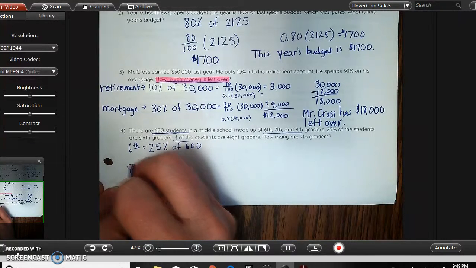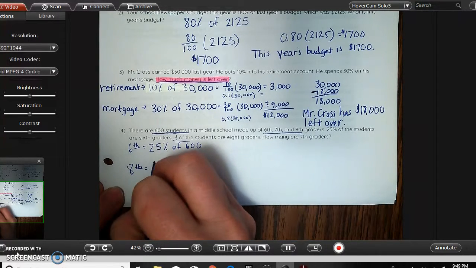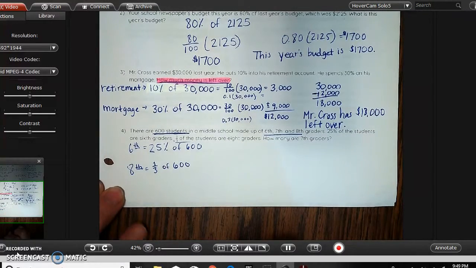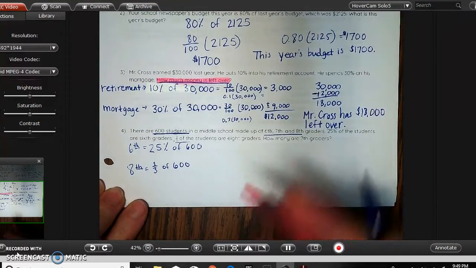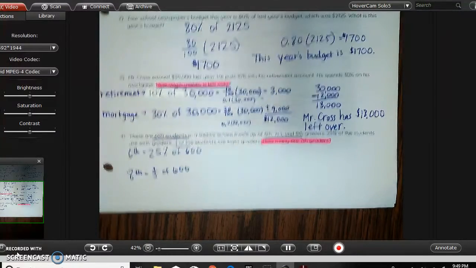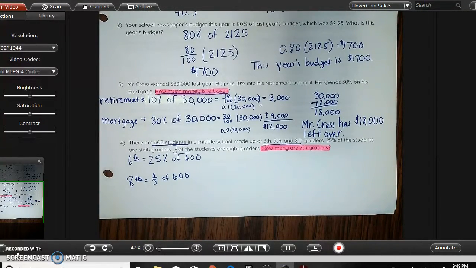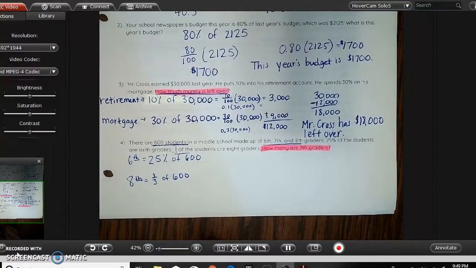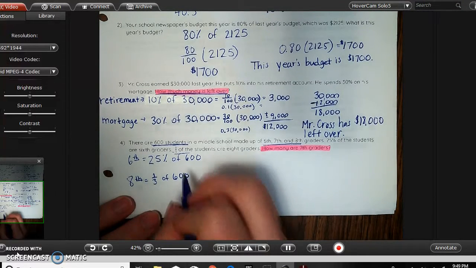So the 8th grade is 1/3 of the students. And then it says, well, we want to know how many 7th graders there are. So in order to do this, we're going to figure out how many 6th graders there are, how many 8th graders there are, and then we figure out what's left over, because whatever's left over must be how many 7th graders we have. So 25% of 600.